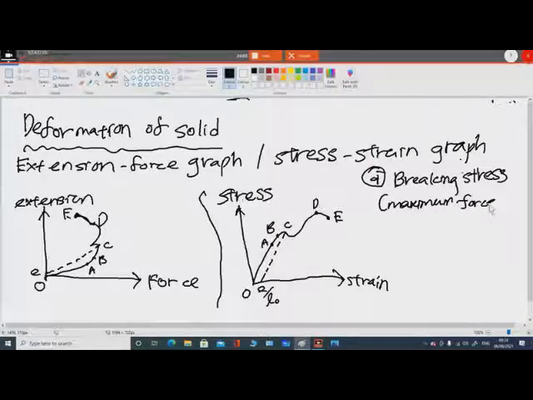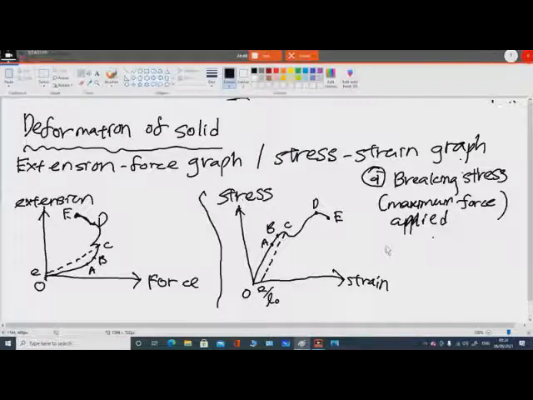As we apply force to this object, the object begins to extend until it becomes very long, with a very large length.